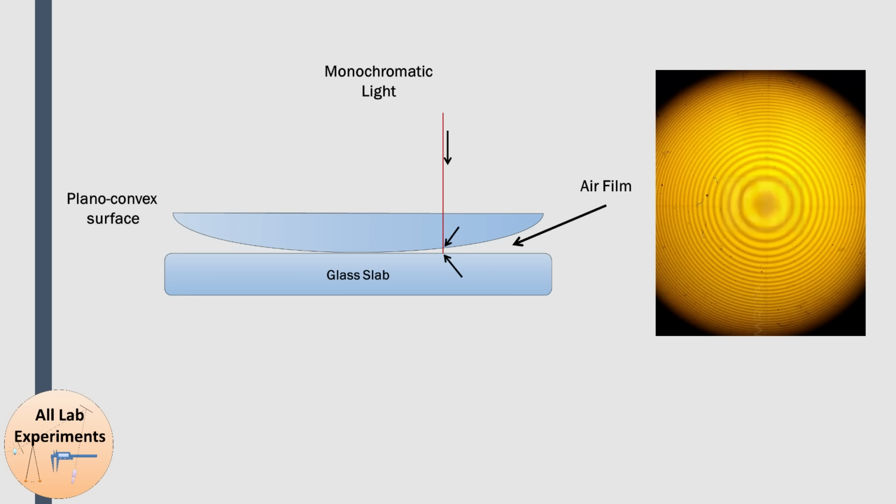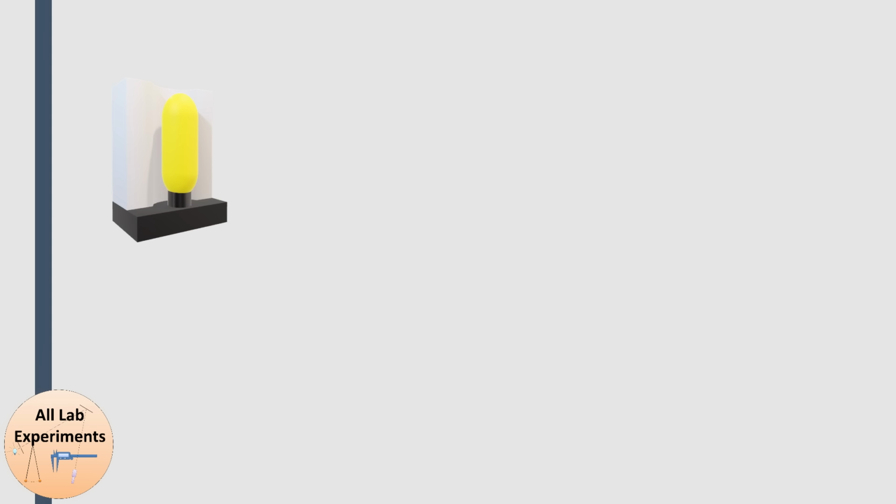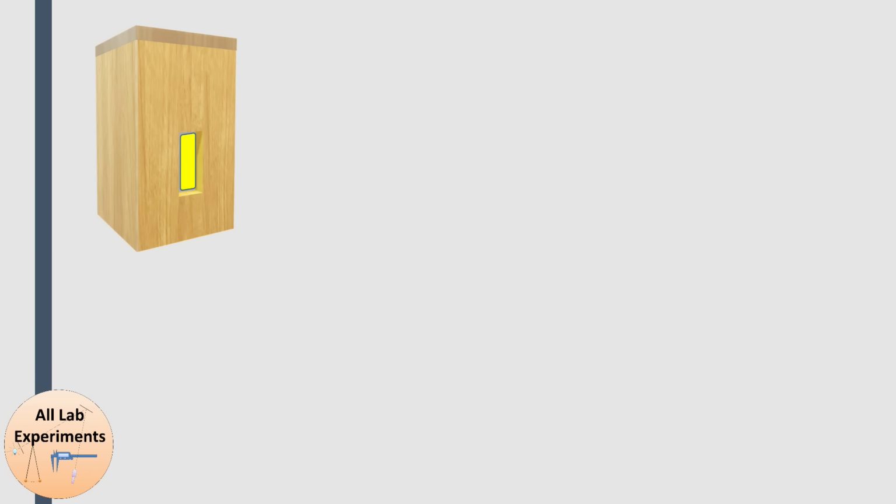Now let us see how to perform this experiment. First of all, we need a sodium lamp and we cover this using a wooden box with a window through which yellow light comes out. We have a flat glass slab and one plano-convex glass slab which is convex at one side and plane at another side.